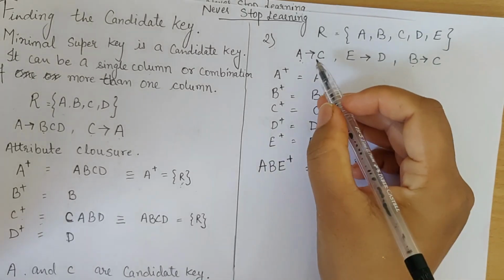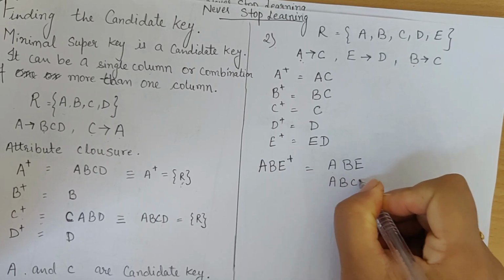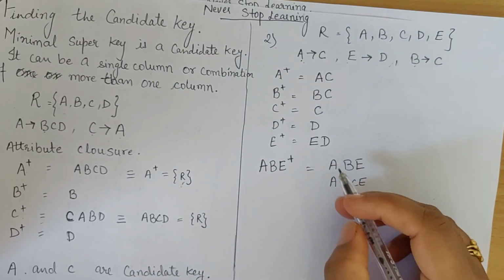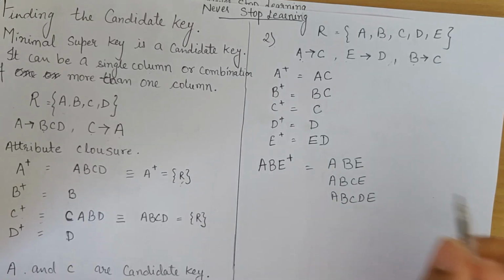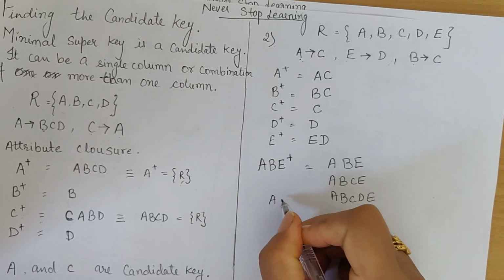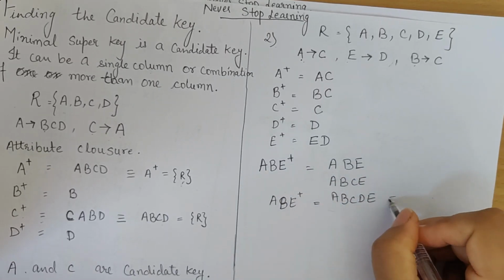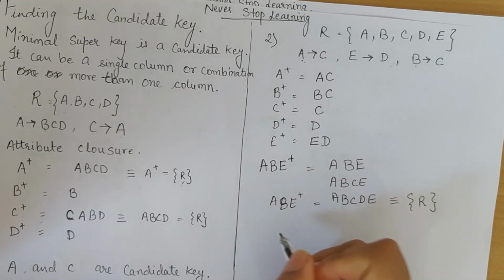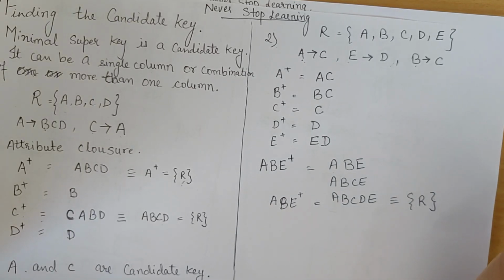Now because of A, I will be able to find C, so I can write ABCE. Because of E, I will be able to find D, so I can write A, B, C, D, E. My entire relation is here. The closure of A, B, E gives me the entire relation R, so I can call A, B, E my candidate key, because we are getting the entire relation.